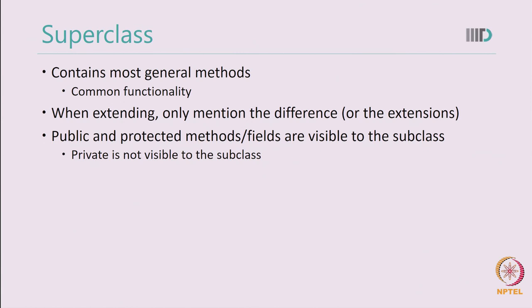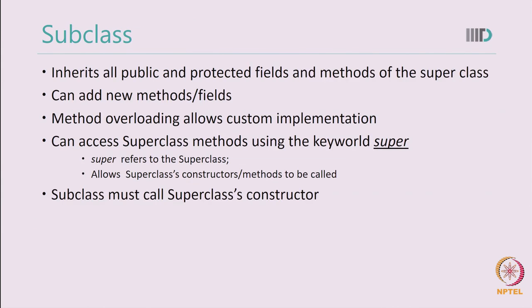However, private methods or fields are not visible to the subclass. A subclass inherits all public and protected fields and methods of the superclass, but it can also add new methods or fields. These new methods or fields are not visible to the superclass.